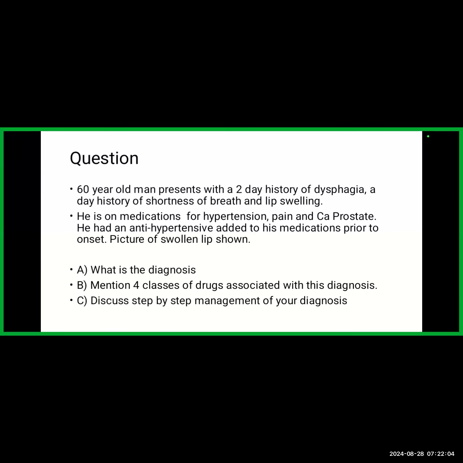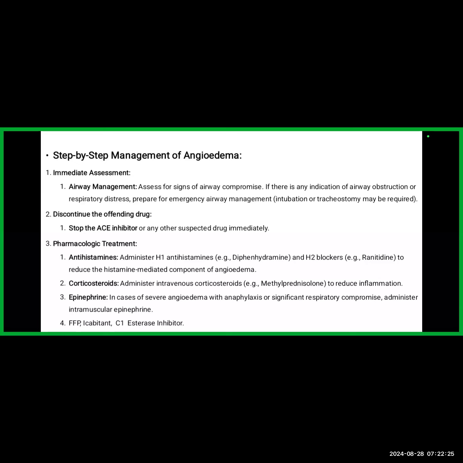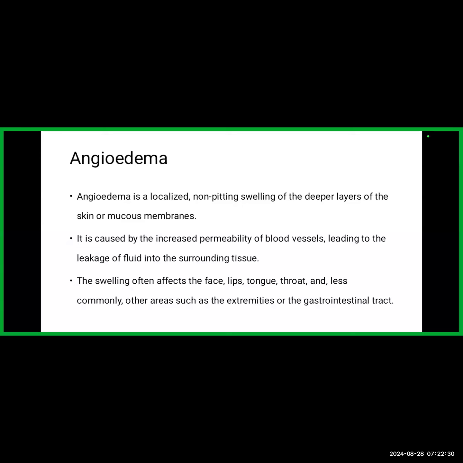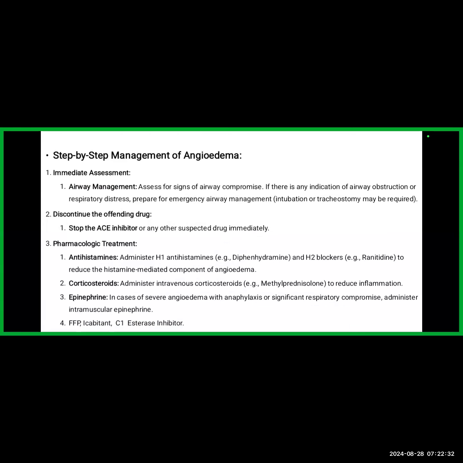Can you go to the question again, please? I don't know if by any chance you talked about discharging your patients. Is there a D to the question? Because even C is talking about step-by-step management of your diagnosis. No, there wasn't. So when you're done with the step-by-step management, you're going to discharge your patient now. I don't know if you mentioned anything about that.